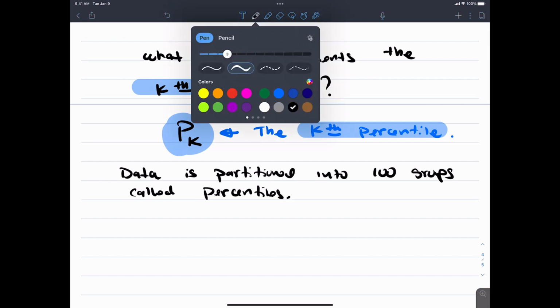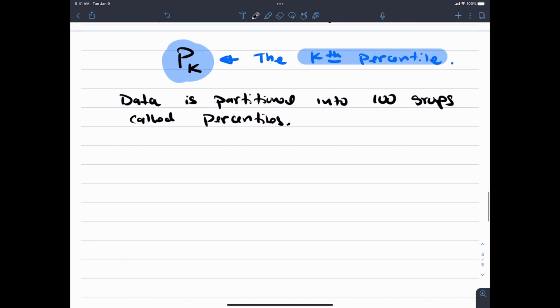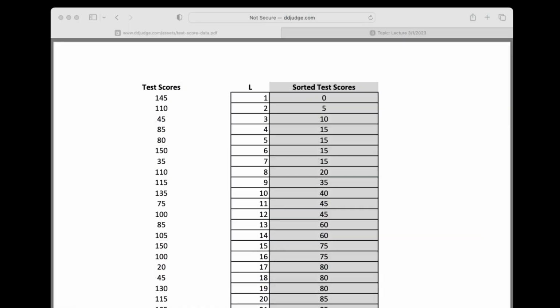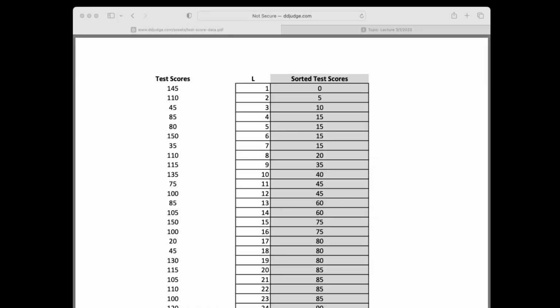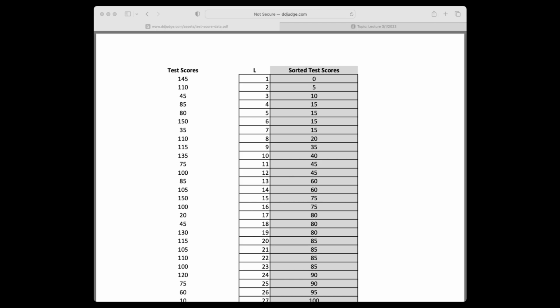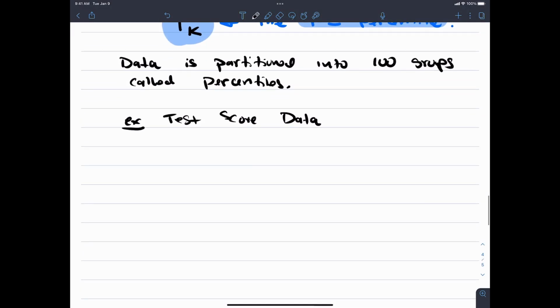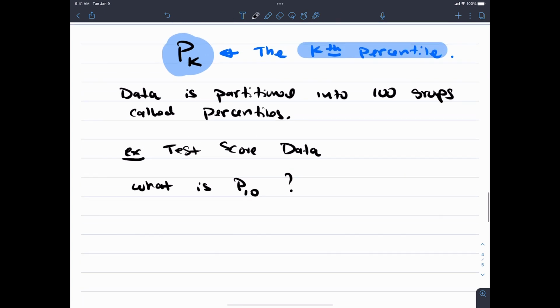For an example, they may say to you, remember that test score data that I have online? We're going to use that list. They're going to say, what is P10? So you're going to have to know a couple of things here.